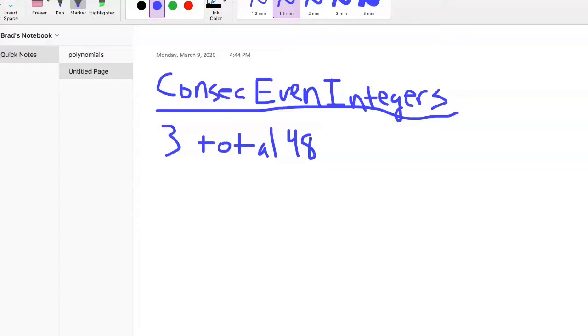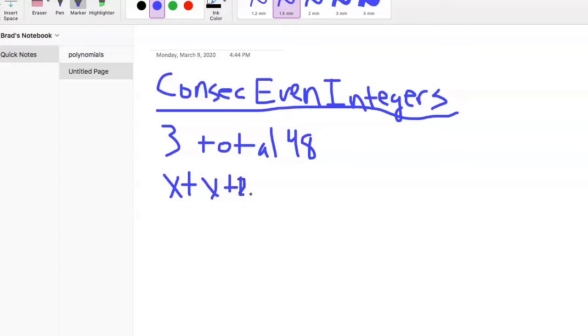Okay, so I'm going to show you the math way to do it, and then I'm going to show you how I would probably do it if I was given multiple choice, which you will be. So x is the first even integer. x plus 2 is going to be the second one.